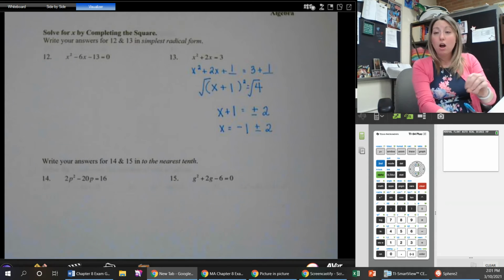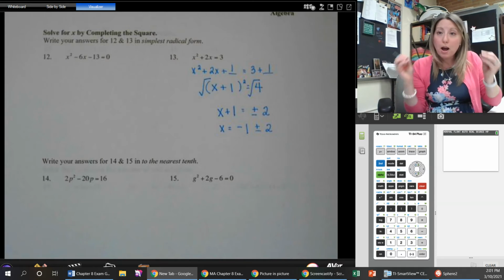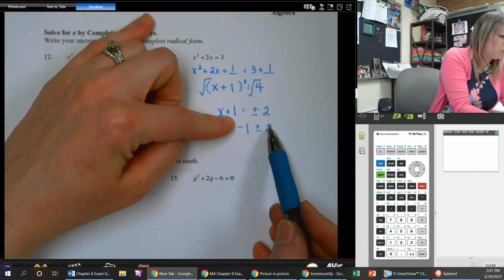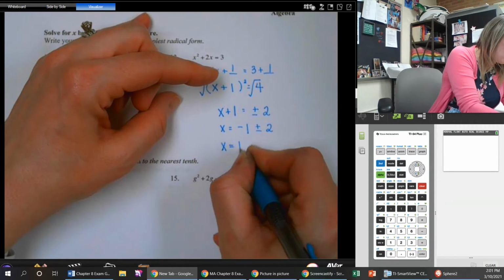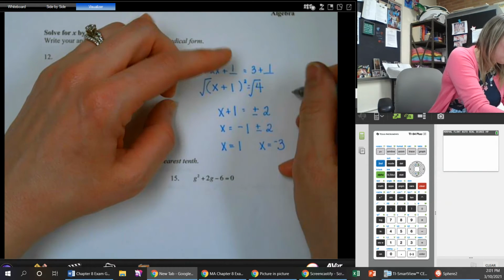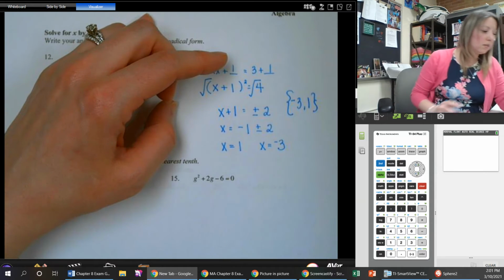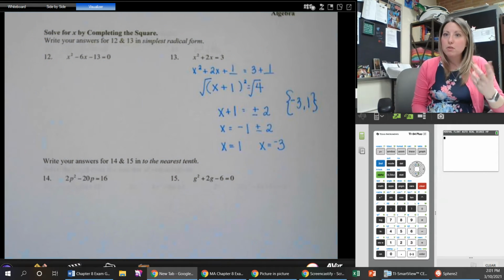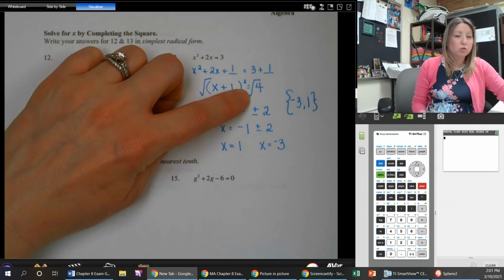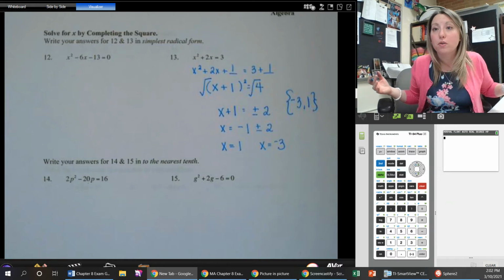And now I combine those terms because they're both rational. And I've got two options here. Negative 1 plus 2 is positive 1, and negative 1 minus 2 is negative 3. And that is my answer for x. And I didn't have to worry about simplifying a radical because this was a perfect square. So simplifying the radical meant taking its square root.